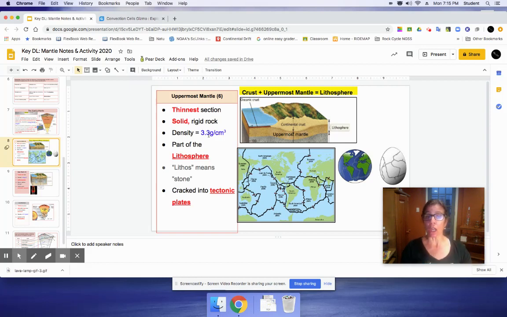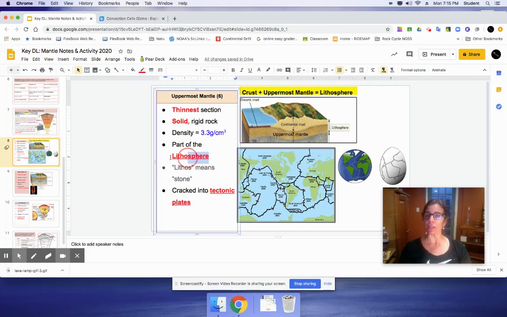But just looking at the uppermost mantle, we're talking about slightly more dense than the ocean floor. This is why it lies below, or sinks below, both the continental and oceanic crust. It's more dense.